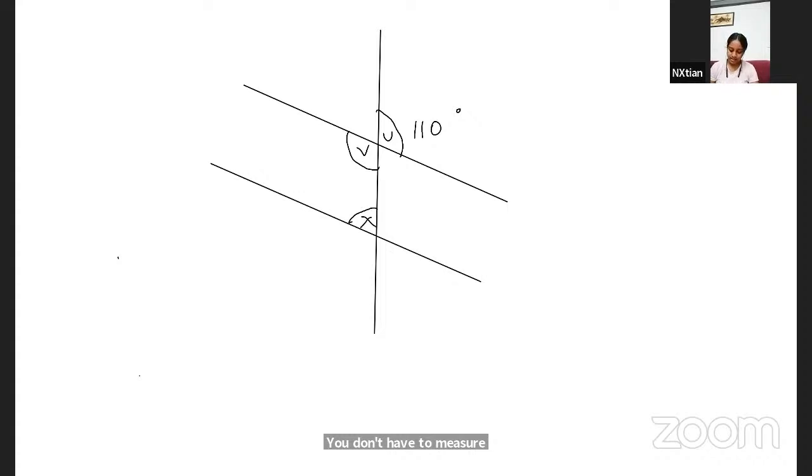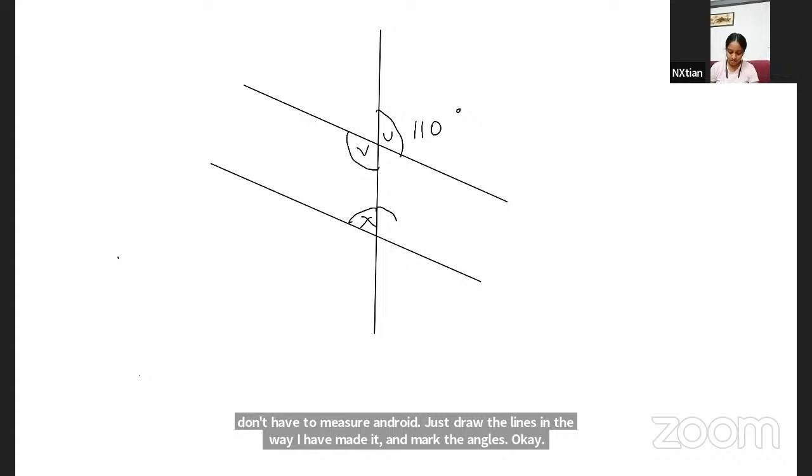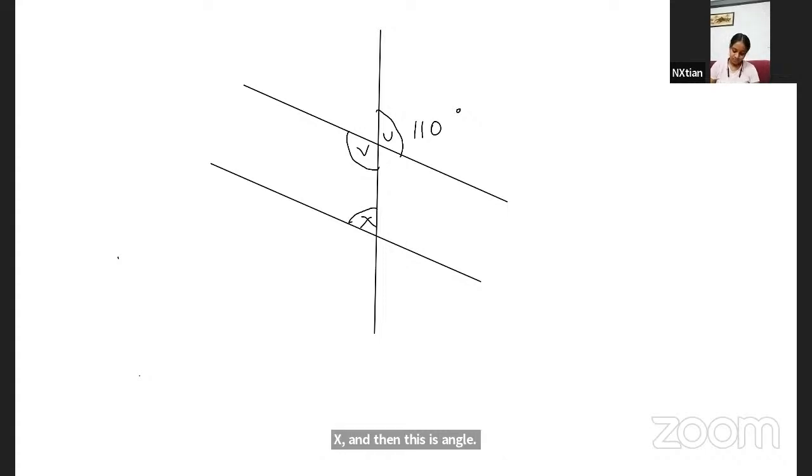And then this is angle Y, and this is angle Z. So angle U is 110 degrees.